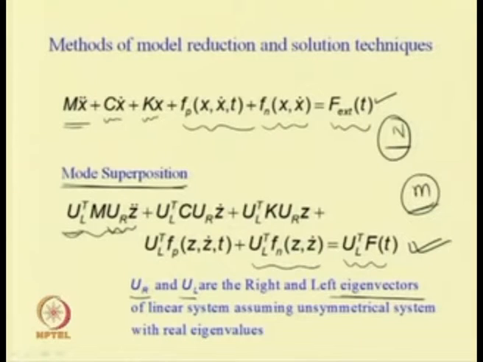This is the disadvantage of this method, and in this way we can reduce the n dimensional equation to an m dimensional equation. The nonlinear function moves from a few physical coordinates to all modal coordinates, so it will move between the physical coordinates and the modal coordinates.